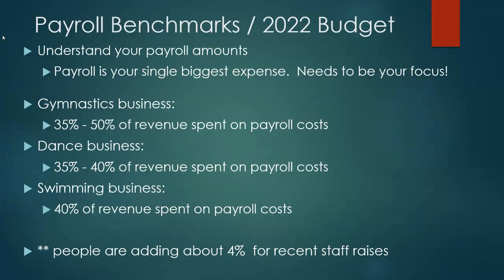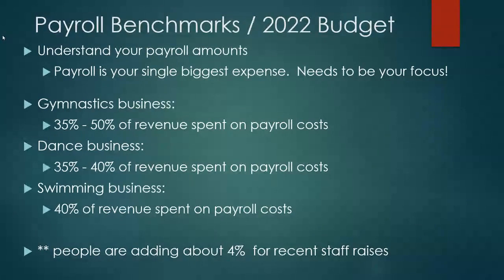So again, doesn't mean that you can't do it, but if you do that, then you have to do something else to keep those numbers back in the 35 to 50% range. Really, the only way to do that is to increase your pricing or increase the number of people attending your school, number of students. So again, make sure you understand how much of your revenue is going to payroll. Try to keep it to these ranges, and if so, you'll be in good shape.